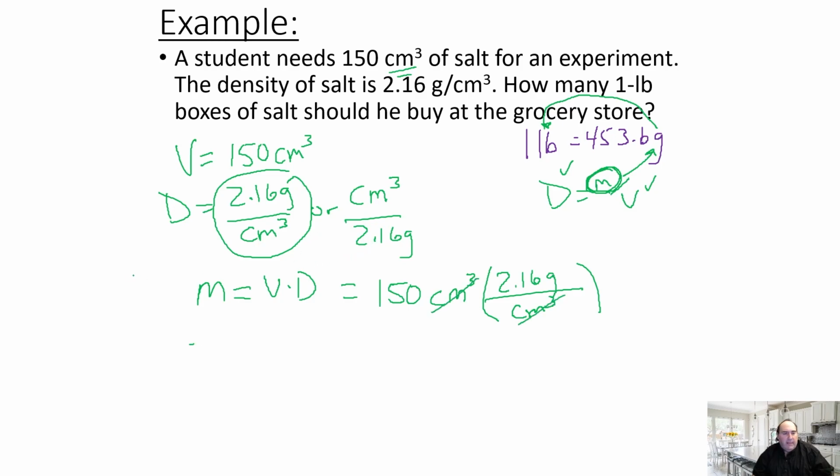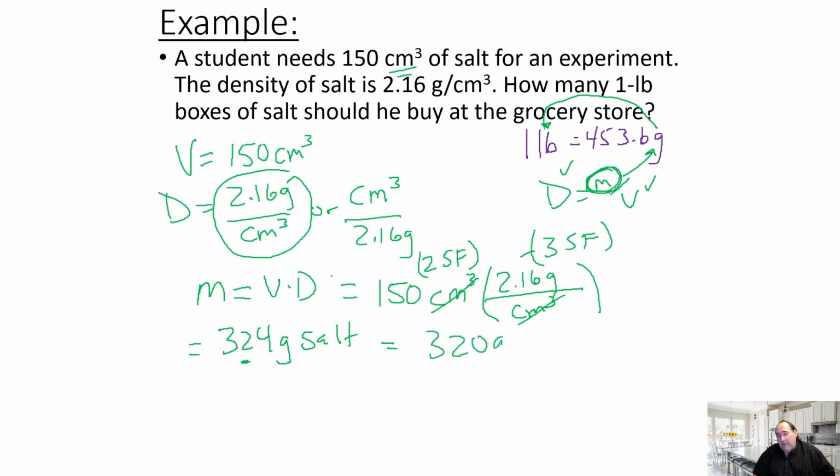Cubic centimeters will cancel. And that's going to get us 150 times 2.16, about 324 grams of salt would be needed. If we're looking at significant figures, that is 2 significant figures for the first number. That is 3 significant figures, which means technically speaking, we probably should end up with something like 320 grams of salt is needed.